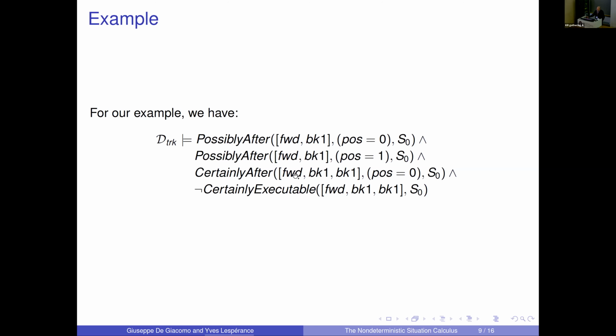If he does forward and then back twice, then certainly he's in position 0, in the only situation that can be reached. But the second back 1 may not be executable if he went forward by only 1 the first time. So this sequence is not certainly executable.